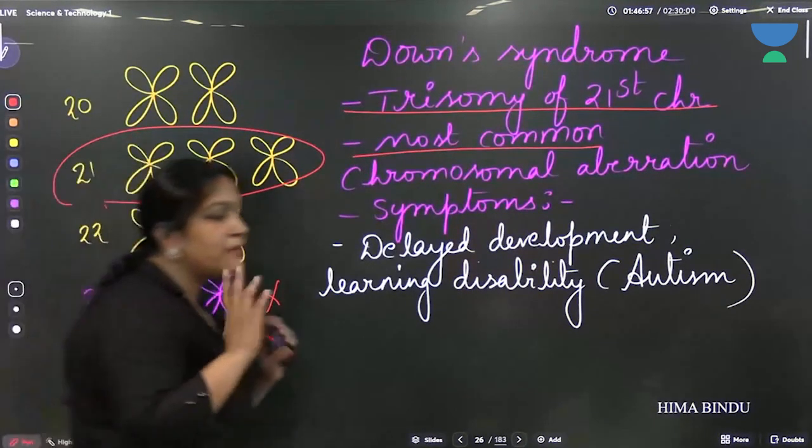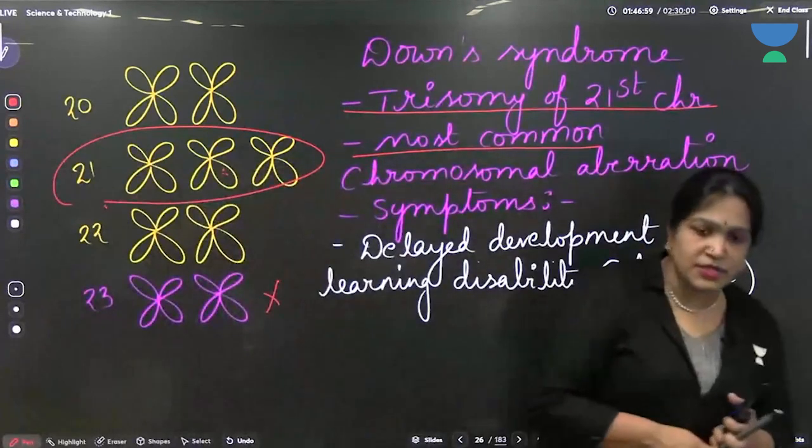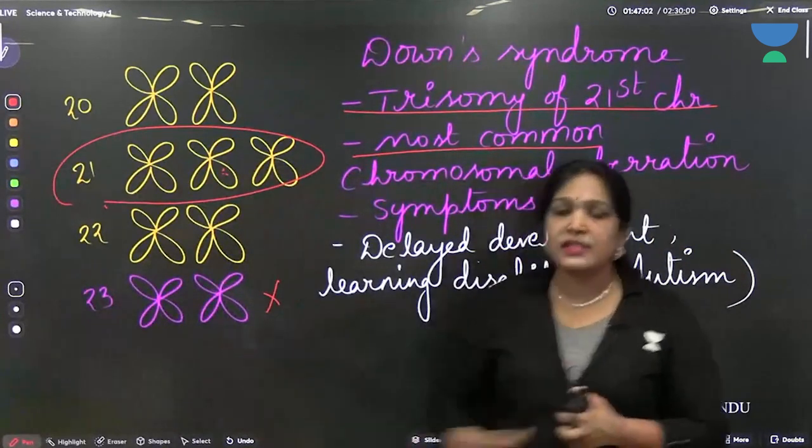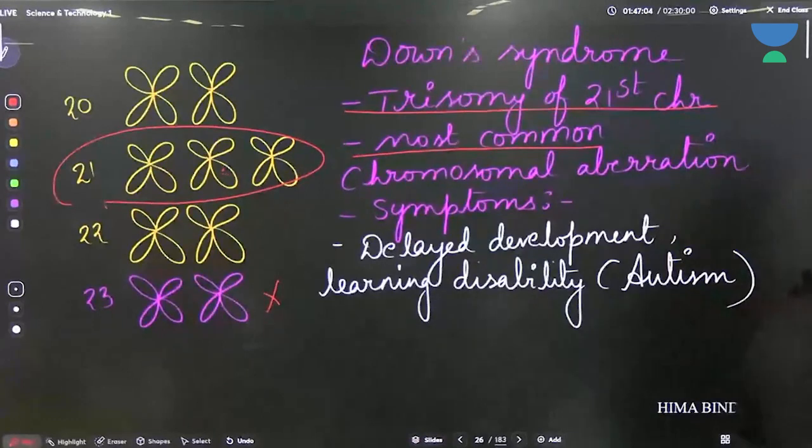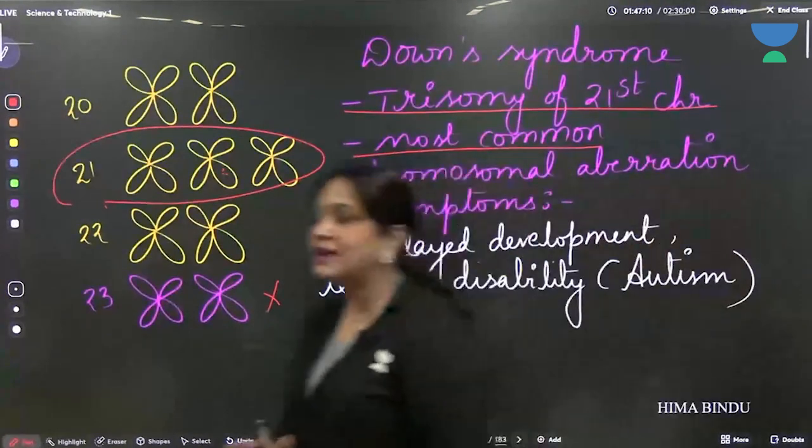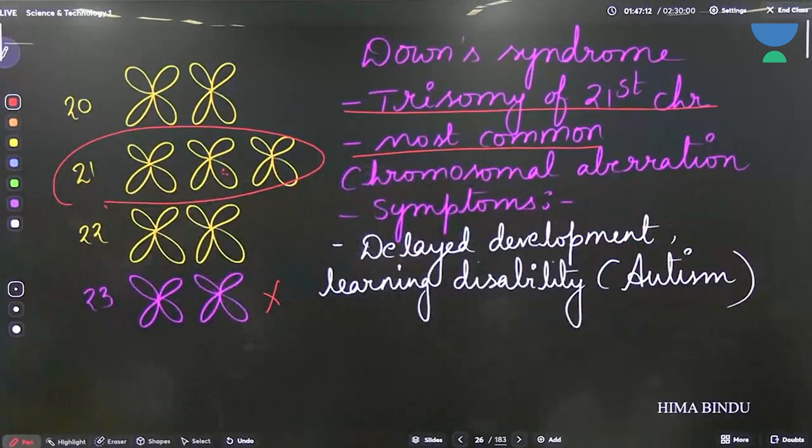Whereas the mother's age at pregnancy will influence the genetic health of the baby. The chance of all these chromosomal aberrations increases if the mother's age at pregnancy increases. So don't worry, it doesn't mean that you have to go for child marriages or quickly finish UPSC in one attempt and rush into marriage. Nothing like that.